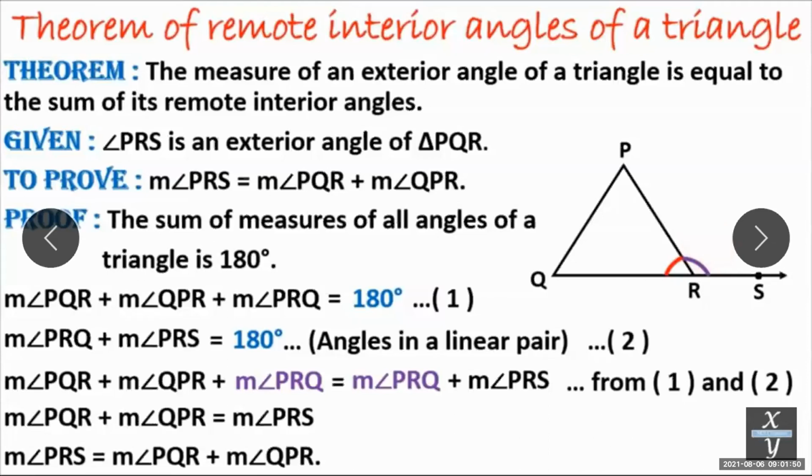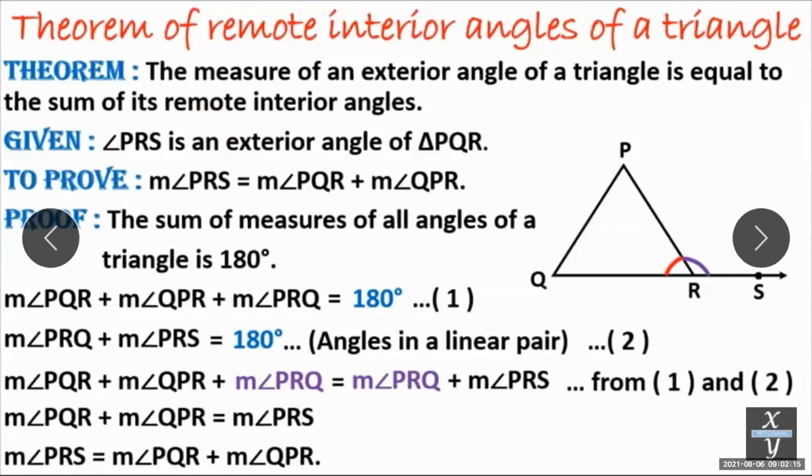Now the statement is here. The measure of an exterior angle of a triangle is equal to the sum of its remote interior angles. So remote interior angles are those two angles, right?